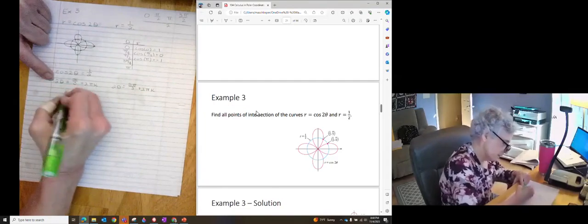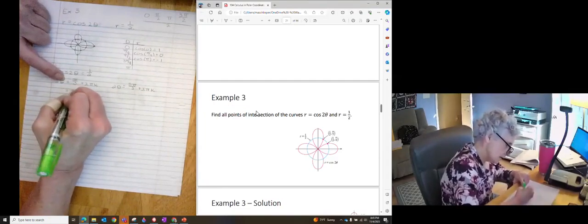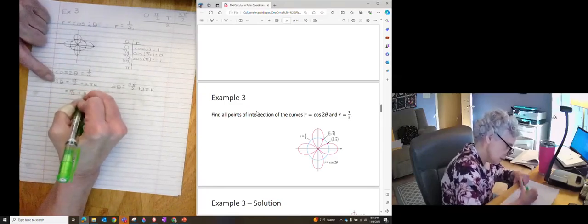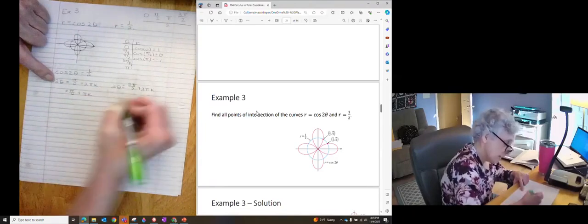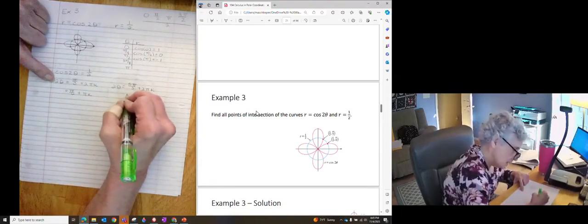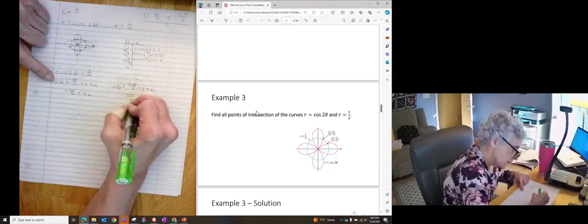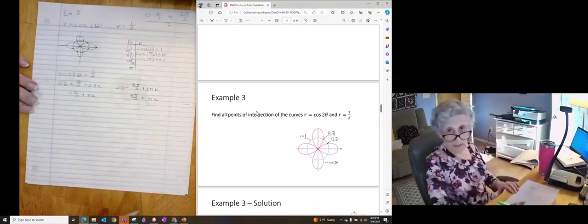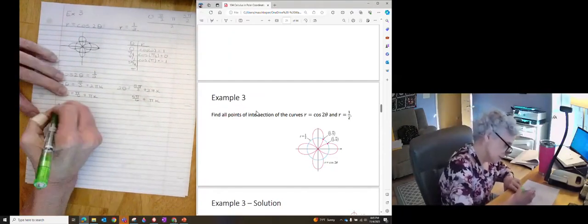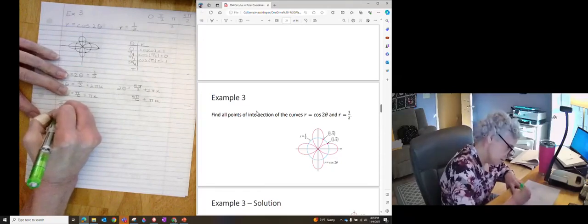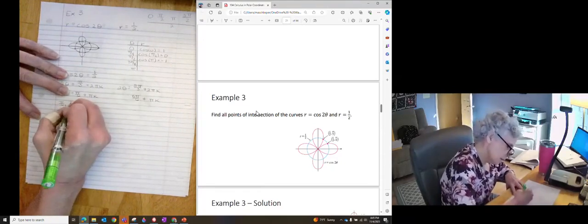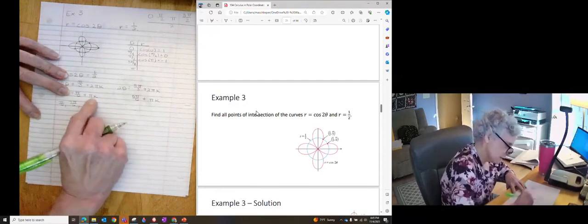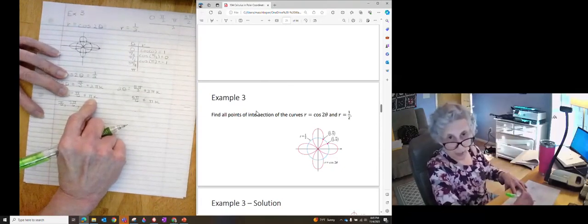Then I divide everything by 2. So I get pi over 6 plus pi k, and I get 5 pi over 6 plus pi k. So from this one I get pi over 6, add another pi to it, 7 pi over 6, add another pi to it.